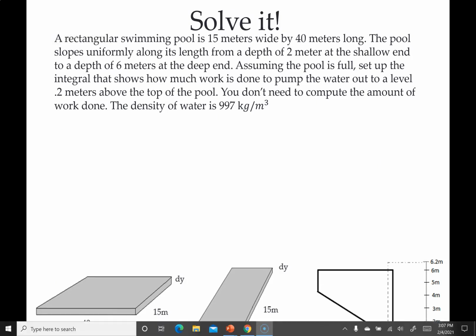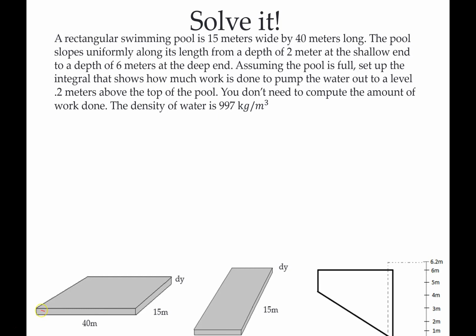I just want to emphasize that our 40 meters long, the length is going to be this, and our width is going to be this, and this will be our height. So what we're going to do here is write down our work equals force times distance, and then I'm going to write down my force equals mass times acceleration.